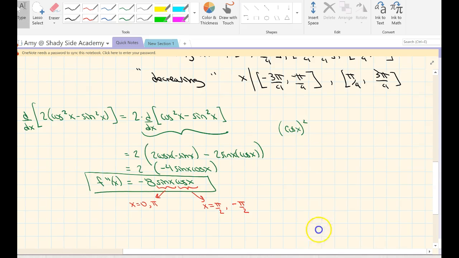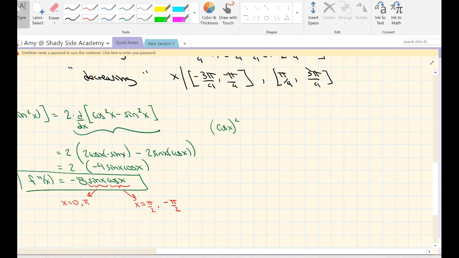Okay? And I'm going to walk over here and do a nice second derivative number line. Look how slow I'm going, just going methodically, making my way. I want to remind myself I only care about the interval from negative pi to pi.